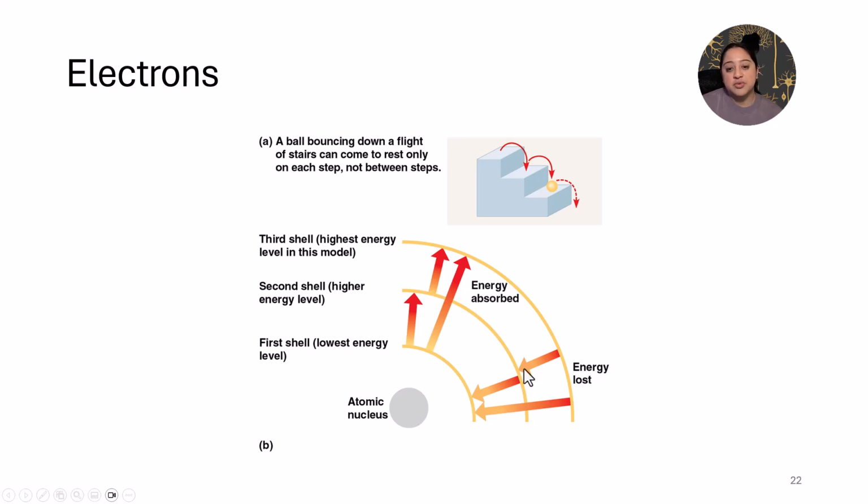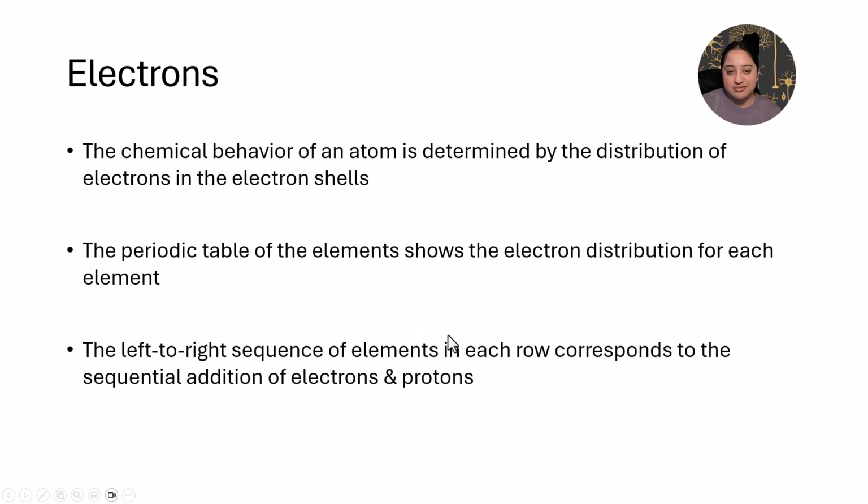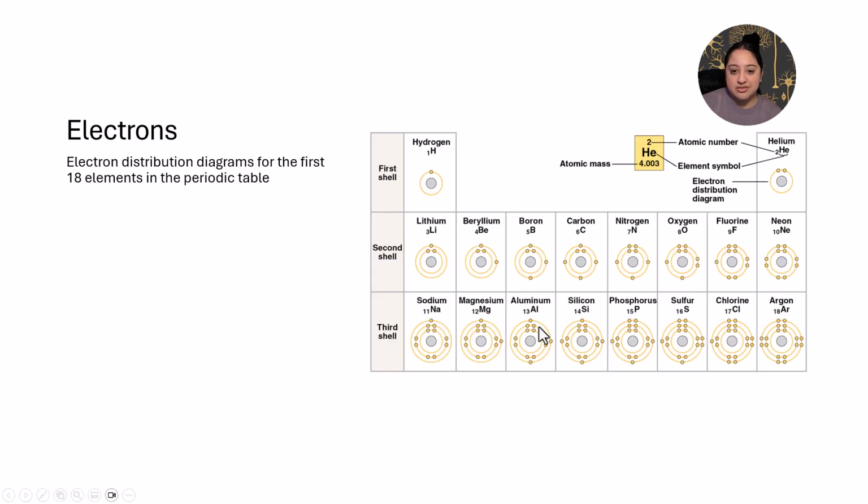And this one only holds 8, right? 2, 4, 6, 8, yes. So the first shell can only hold 2. The next shell can hold 8. And then the next one can also hold 8.